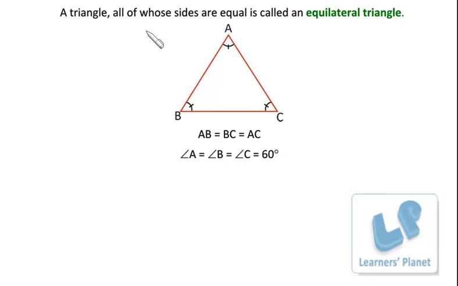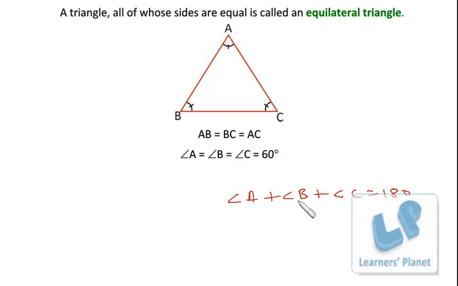Now a triangle all of whose sides are equal is called an equilateral triangle. That means AB is equal to BC is equal to AC. If the three sides are equal, the three angles will also be equal, right? And we know the sum of the three angles of a triangle is 180 degrees. Angle A plus angle B plus angle C is 180 degrees.